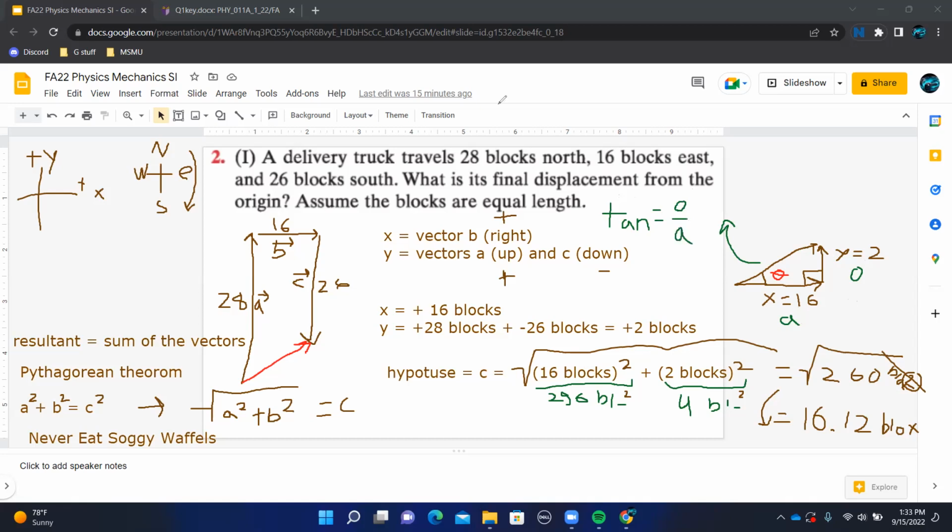I always forget to write the theta. Not the theta, sorry. Remember that to do the inverse, you're gonna do arctangent or tangent to the -1. I'll put that over here.